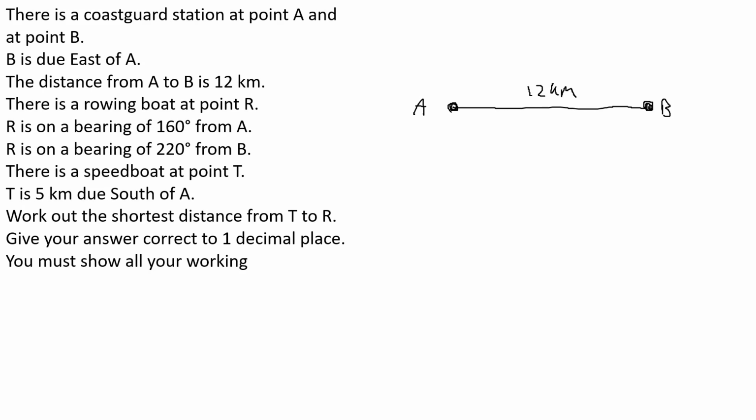R is on a bearing from A, which is 160 degrees. So let's get our north line. Let's put a north line here as well. And let's put a 160 degree line.